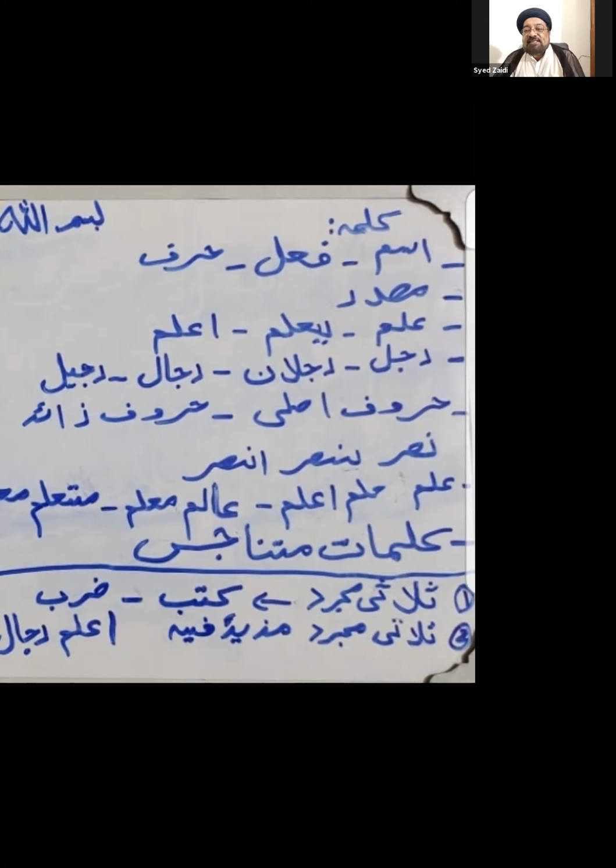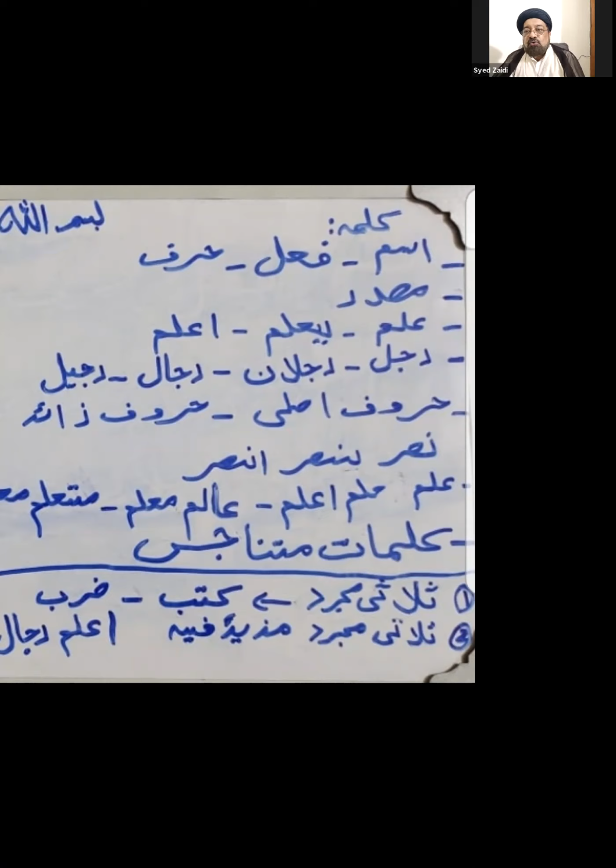If you look at ya'lamu, the three original letters that originated from the source, the root word, the masdar, were ilm, which contains three letters: ain, lam, and mim.